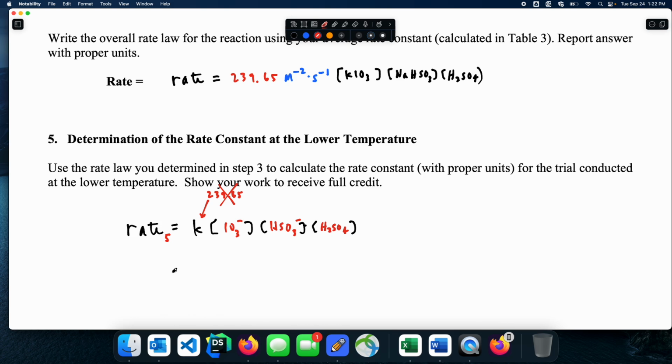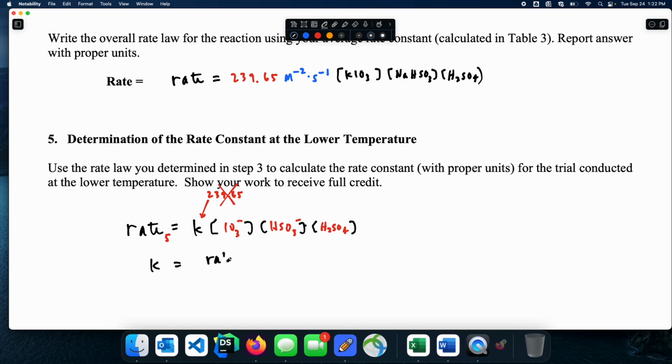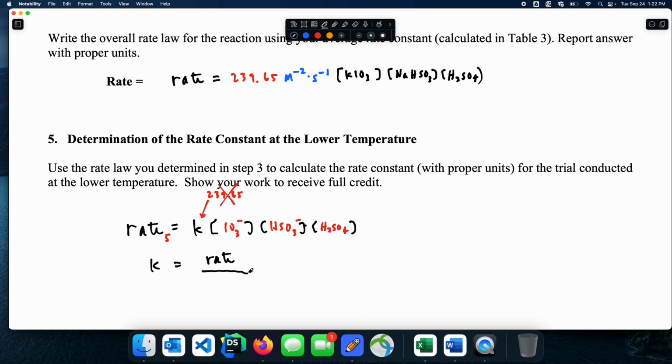k then, and we can do this pretty easily because I'm very comfortable with my algebraic manipulations. k is going to be the rate in trial 5 times the concentration of these things, each in trial 5.